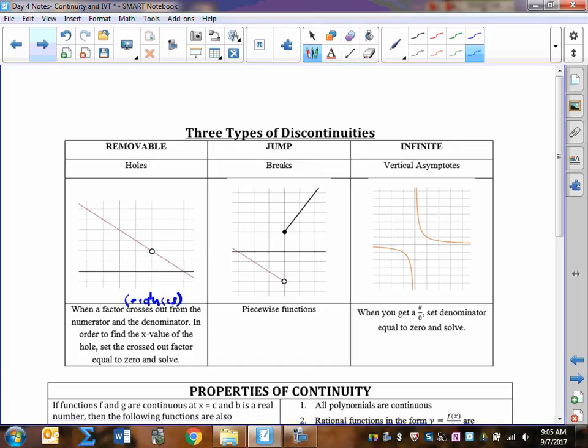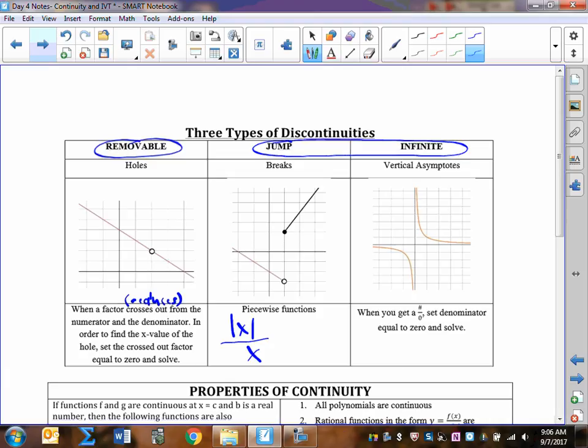Or as we've also learned earlier, the absolute value of x over itself is also going to give you that jump. But this, we said, is actually defined as a piecewise function, so it's just piecewise. And then we have our infinite discontinuities, which are vertical asymptotes. So this comes from our rational functions, and that's when our denominator cannot equal 0. Okay? So these are the words that you want to use.